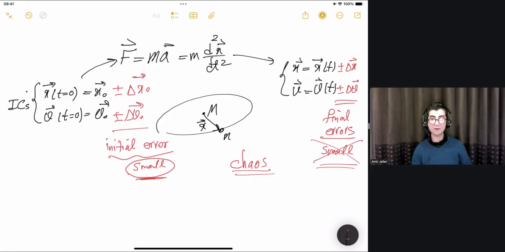In practice, we know that this is not possible. The initial error in measurement cannot be 0. But still, mathematically, if it goes to 0, the final error should go to 0 as well. But there is this super chaos or spontaneous stochasticity, which is super chaos in the sense that even if the initial error goes to 0 in the limit, the final error will be huge and will be infinite in some sense.